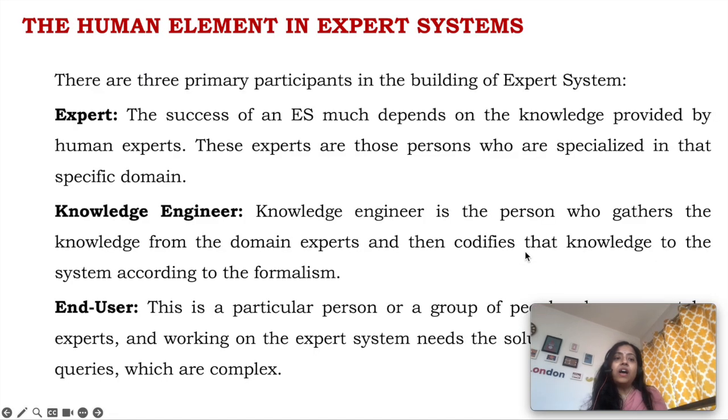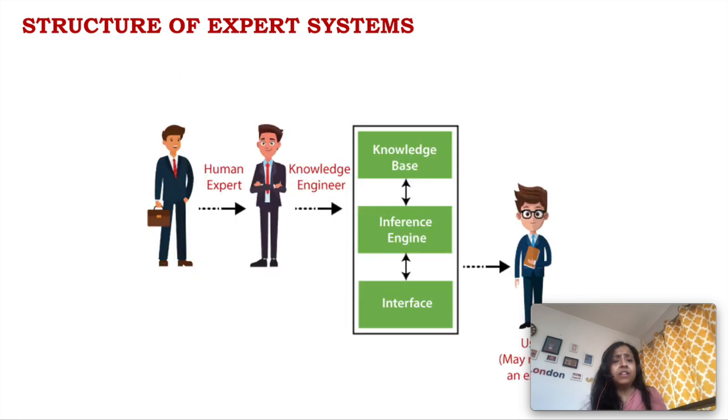Now, after seeing all the components of an expert system, let us go through the human elements in the expert system. Already at the start of the discussion, I showed you that we have basically three human components in the expert system.